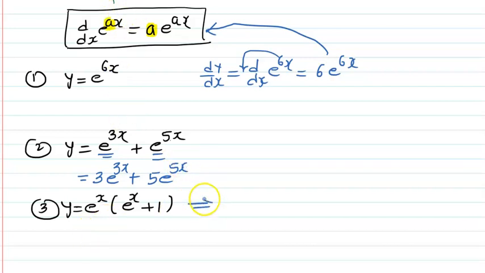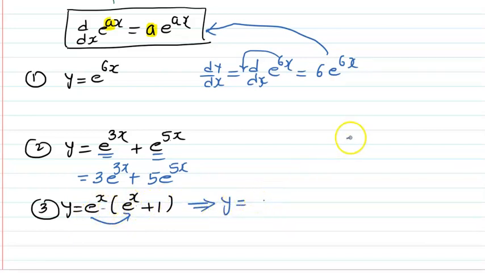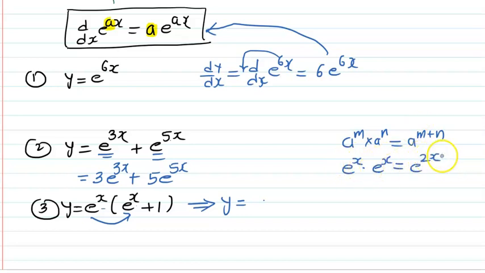Here you need to multiply first. Y equal to e to the power x times e to the power x, and we know this rule of indices: a to the power m times a to the power n, powers add. So e to the power x times e to the power x, x plus x becomes 2x, so this should be e to the power 2x. And e to the power x times 1 should be e to the power x.